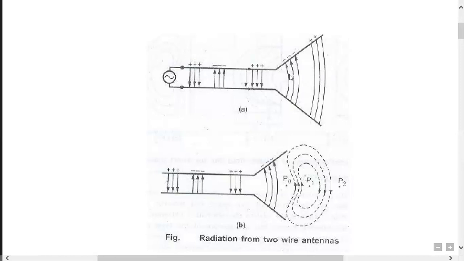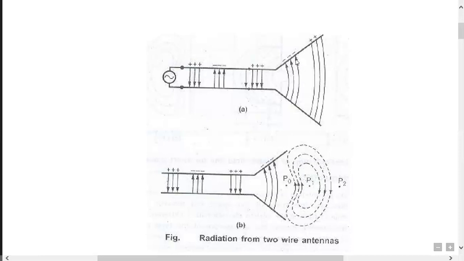Suppose we remove half of this antenna structure; this is the equivalent circuit. Free space waves can be formed by connecting the open ends of the electric lines.